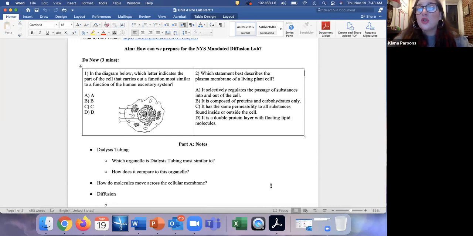Certain substances are too large to enter and exit the cell freely, and we're going to examine that in this lab. And it has a double protein layer? No, it has a double lipid layer, a phospholipid bilayer, and there are floating protein molecules. So it's the other way around. All right, so the answer to number 2 is A.